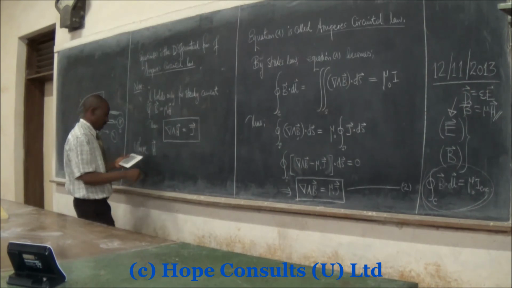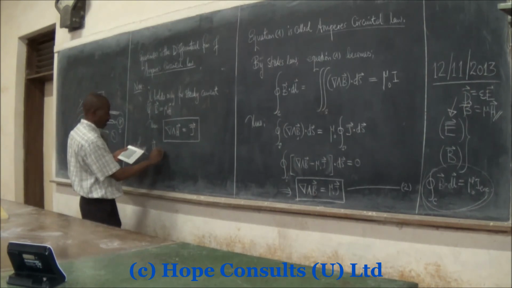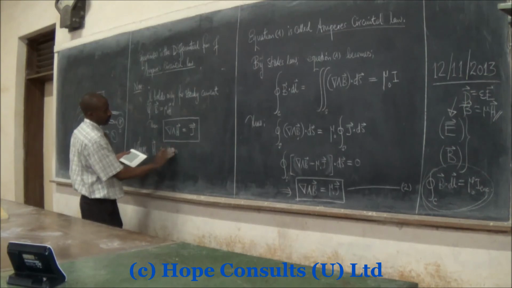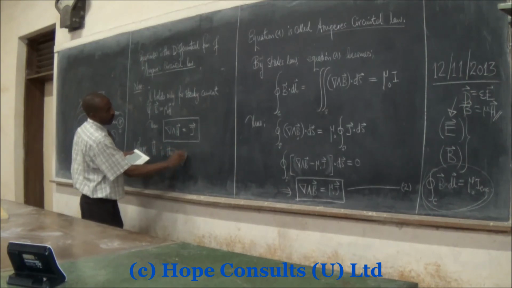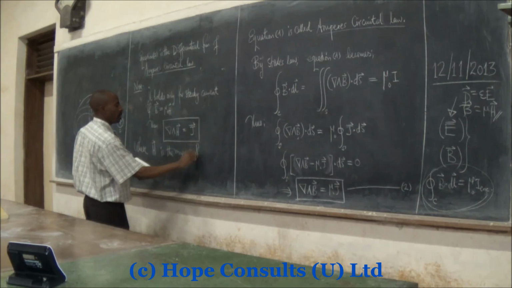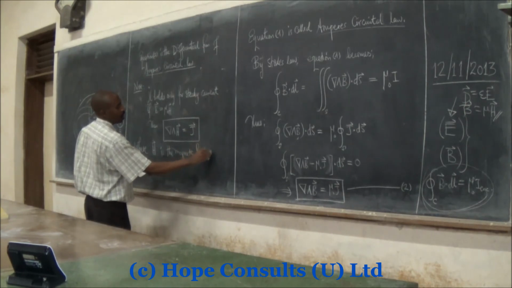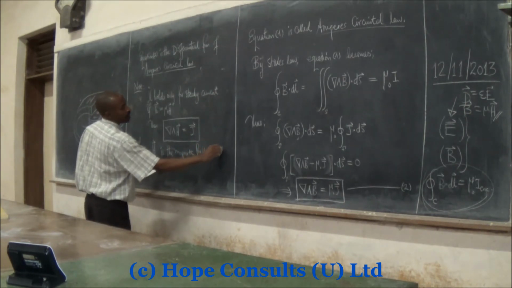So we get this H, the magnetic field intensity.